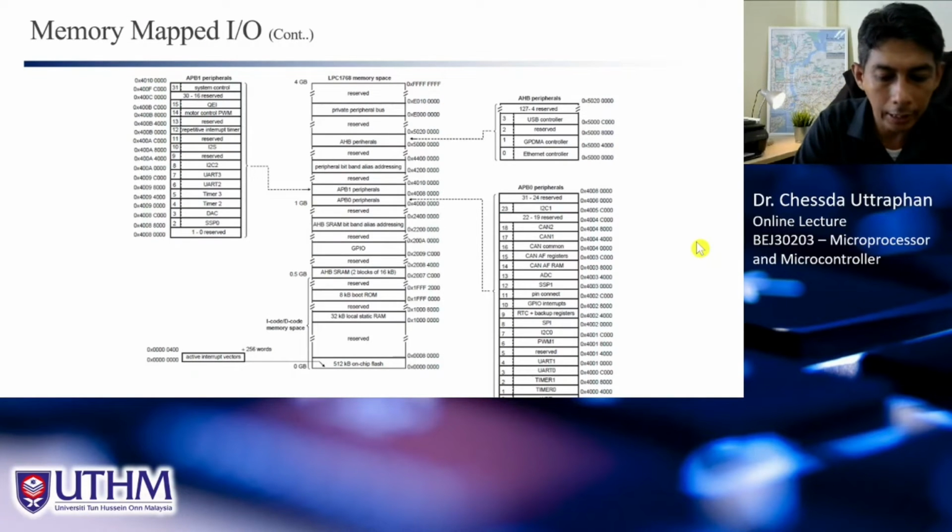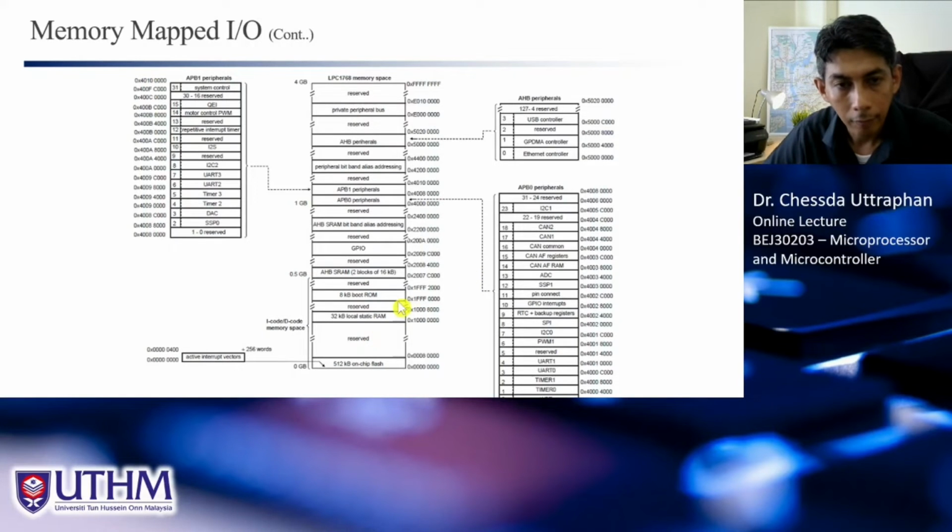So here we can see that we have many addresses that are mapped to the peripheral. For example, here from address 0 to this address, which is 512 kilobytes in size, is on-chip flash, which is the location that we use to store the user program.